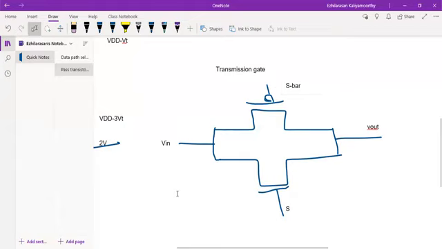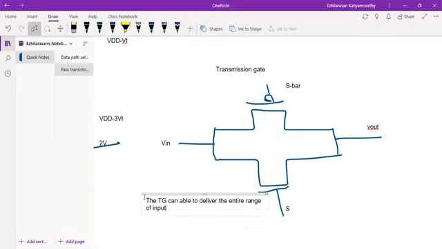Now the very important point: the transmission gate can deliver the entire range of input levels from 0 to VDD without any degradation.